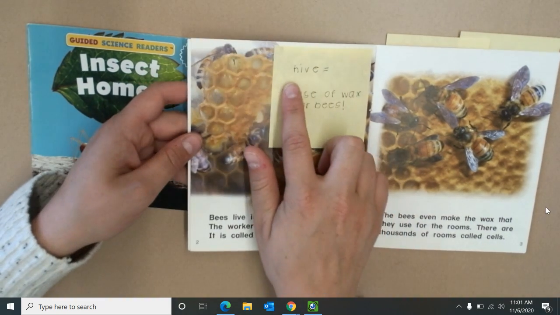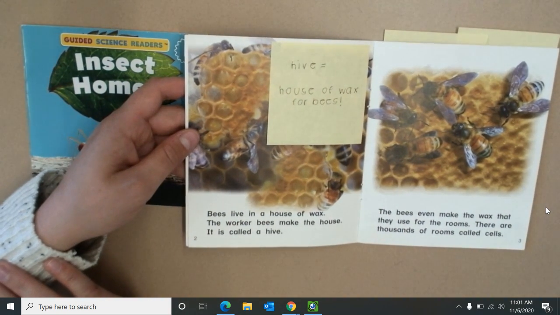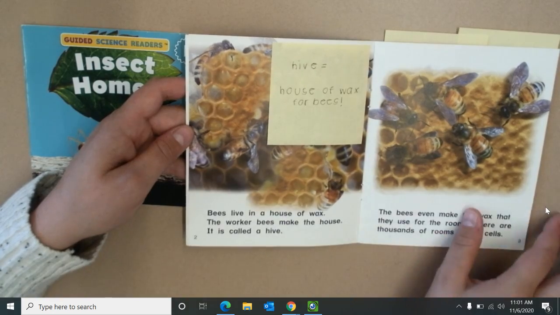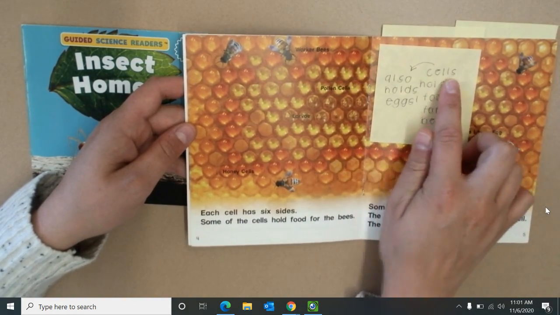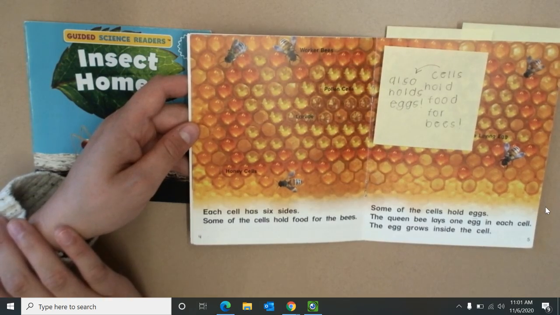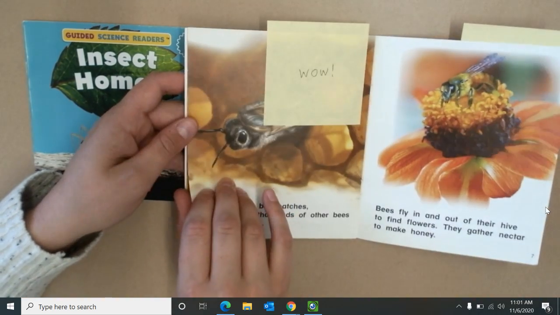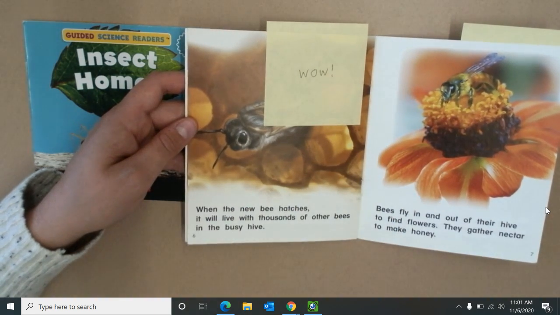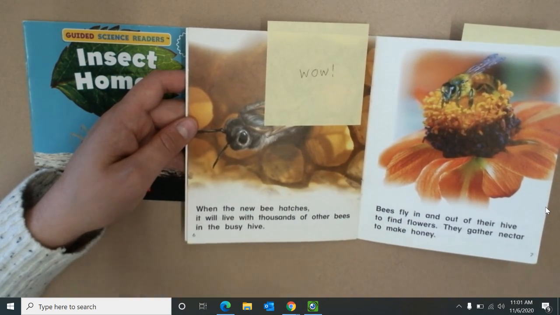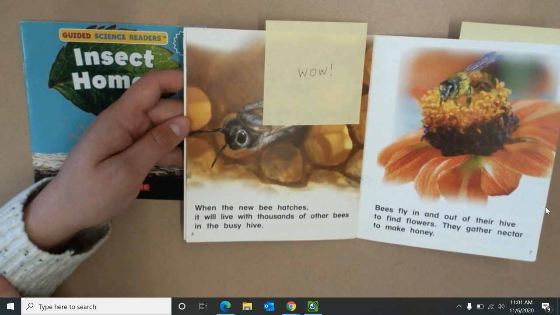Here it says hive, a house of wax for bees. Oh, over here you must have talked about the word cells. Oh, here is an emotion. You must have been, wow, excited or surprised when you read about this page.